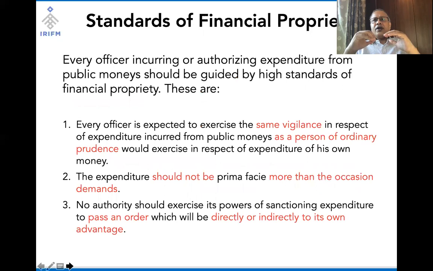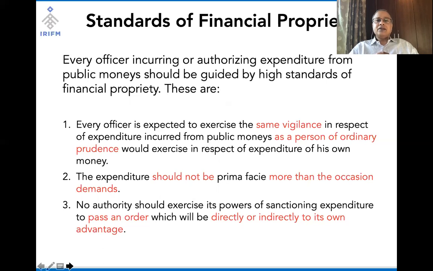Now, I want to introduce to you a most important concept in public finance, which is called the Canons of financial propriety. This is essentially because all public servants, government servants, are entrusted with taxpayers' money.